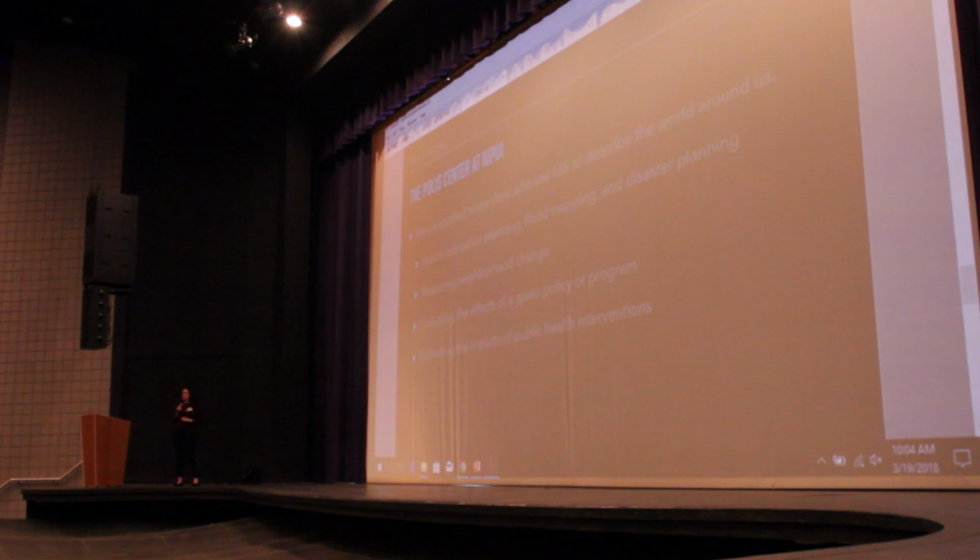We also look at measuring neighborhood change and the impact of various policies on neighborhoods themselves. Recently we did a report analyzing the impact of neighborhood features on domestic violence in Marion County. We also look at, in the health arena, how different public health programs and interventions may affect the population of the community and where hotspots may exist in those populations.